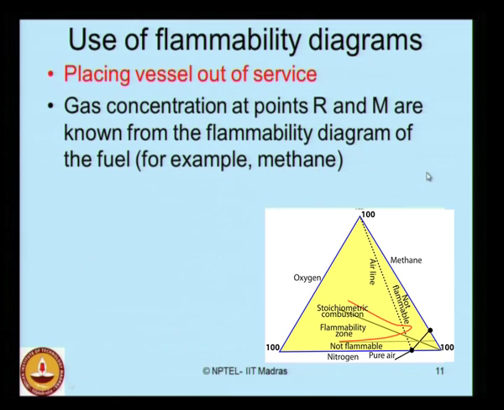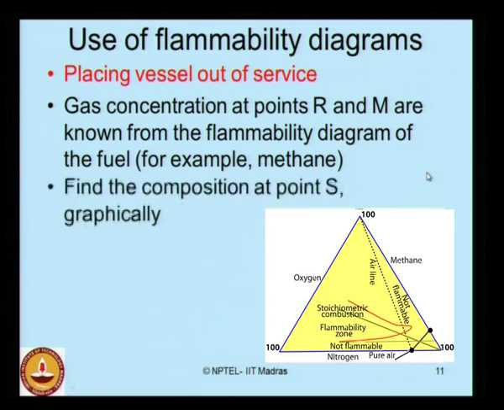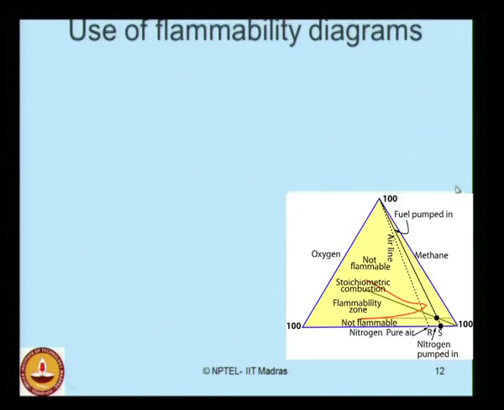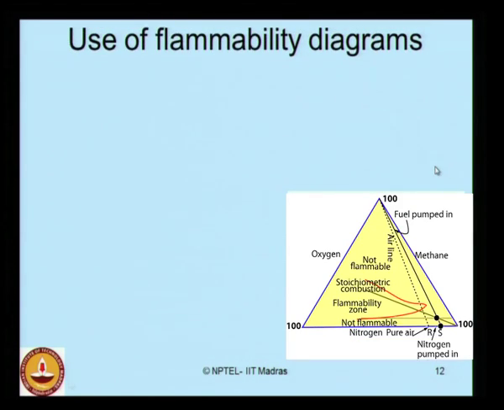Once this is known, graphically you can estimate the composition at point S. Once you estimate the composition at point S, you can use this composition of point S to limit the fire accident.